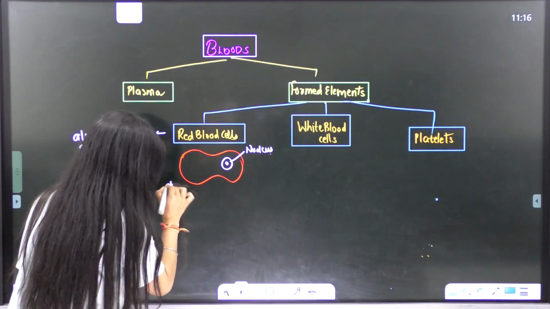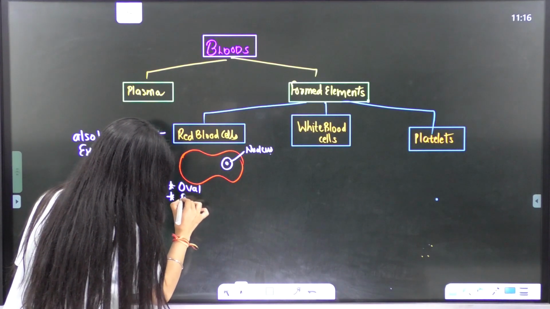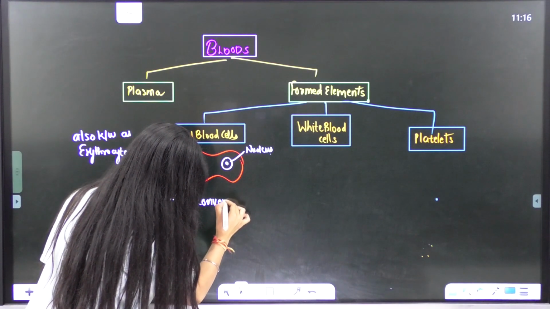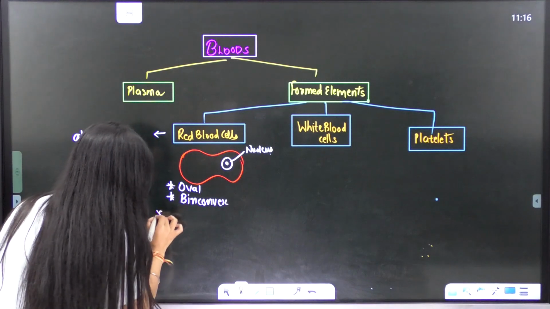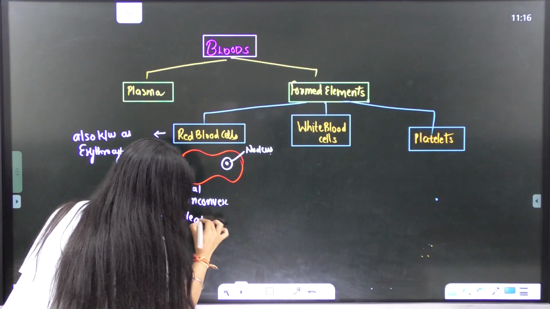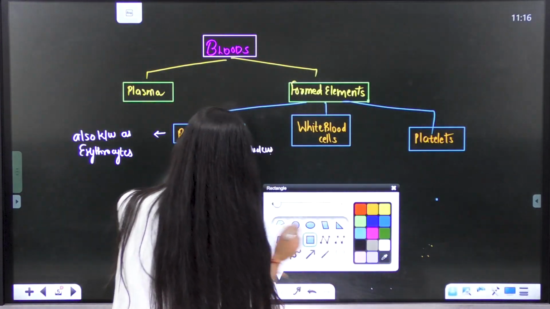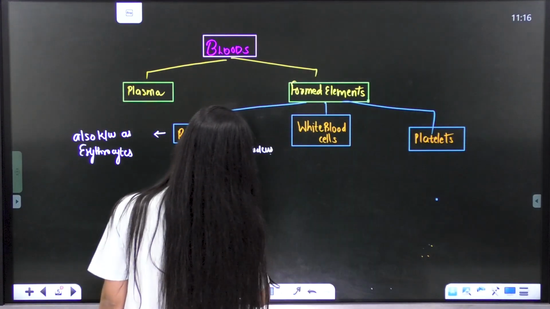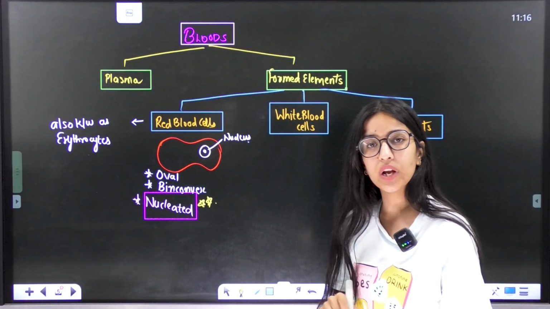So they are oval, they are biconvex, but they are nucleated. Star mark this. This is the difference between our RBC and the RBCs of frog, right?